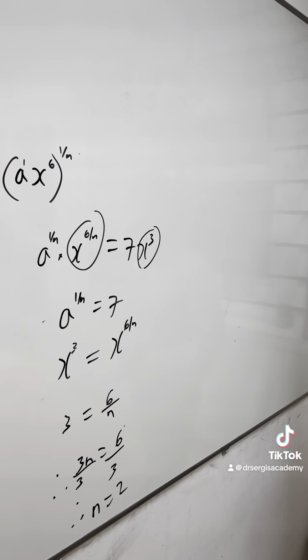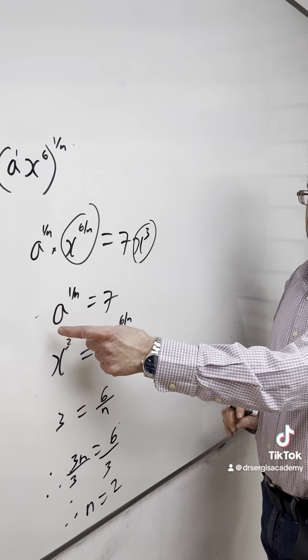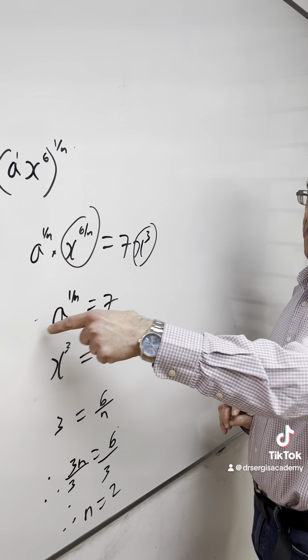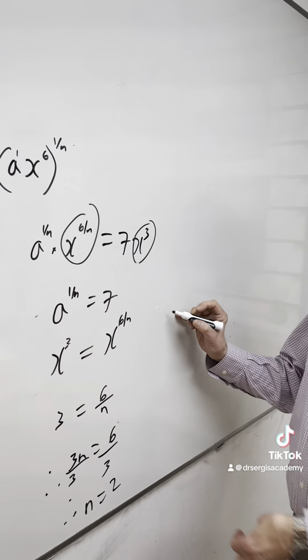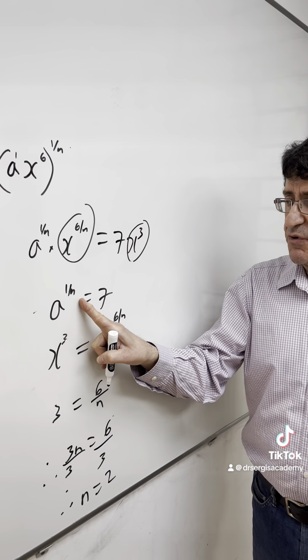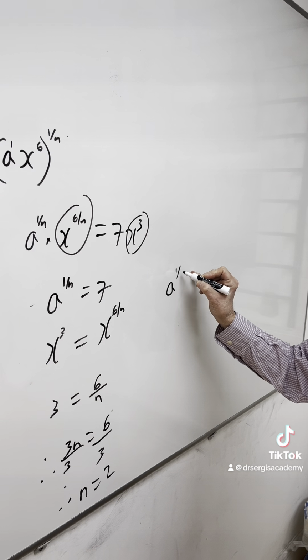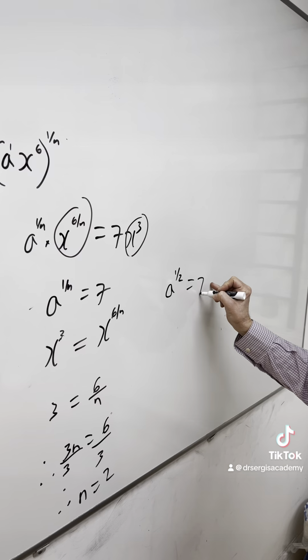So n is 2. If n equals 2, then a to the power of 1 over n from the expression must be equal to 7. Now what do we say about a fractional index? It's the root. Because n equals 2, that reads a to the power of 1 over 2, which is 7.